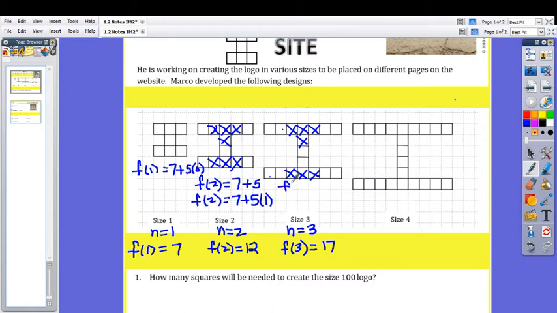So we will write this down: 7 plus, earlier we had 5, then we had 5 more this time, so we can also write it as 7 plus 10, which is 5 times 2, which is again 1 less from the 3.